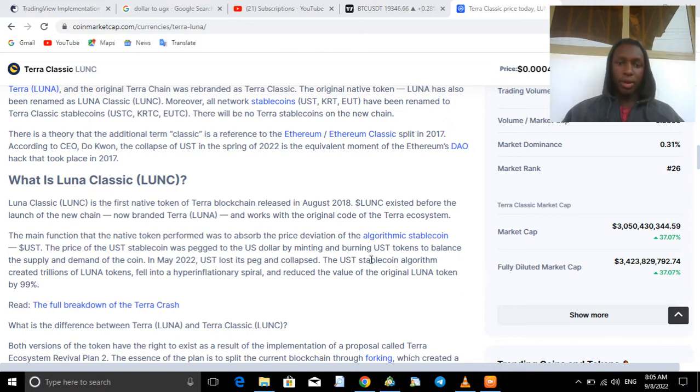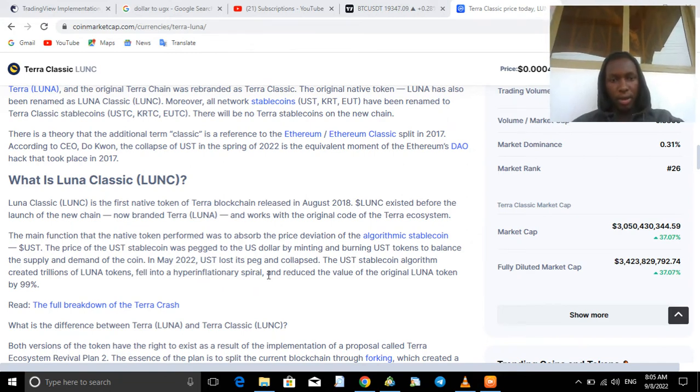The UST stablecoin algorithm created Luna tokens that fell into a hyperinflationary spiral and reduced the value of the original Luna token by 99%.